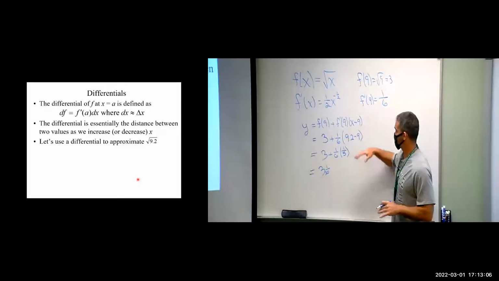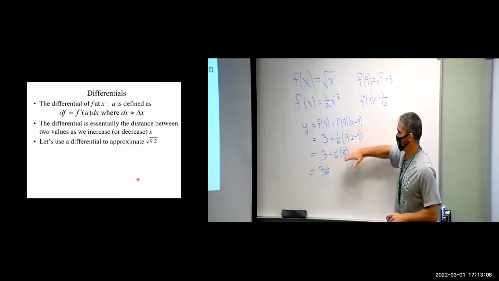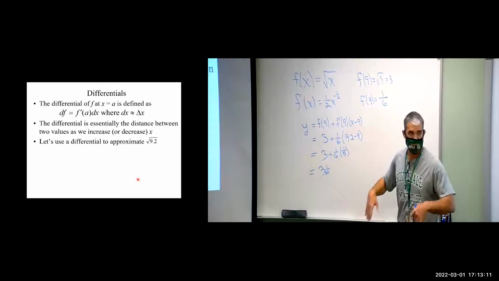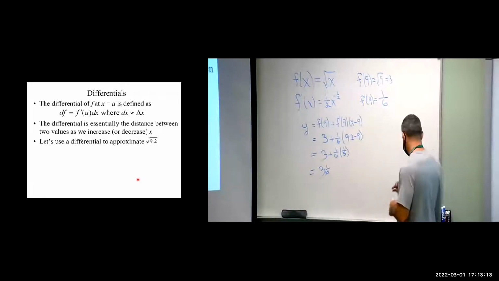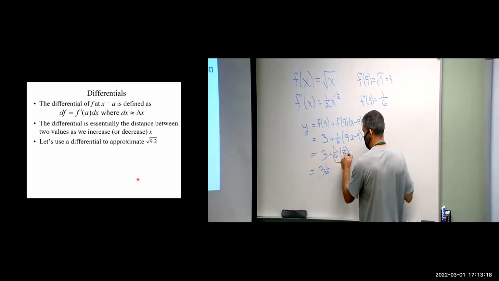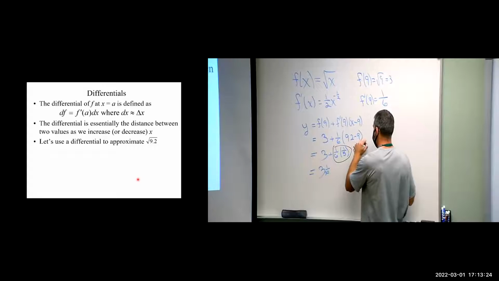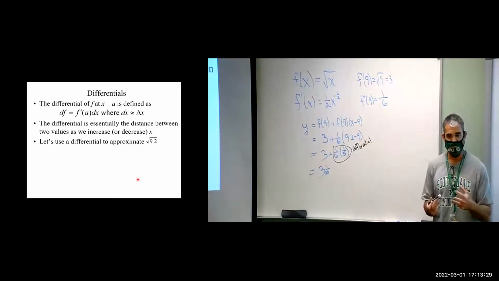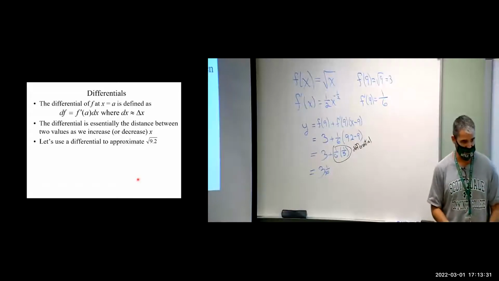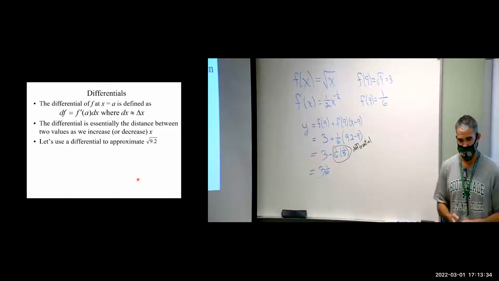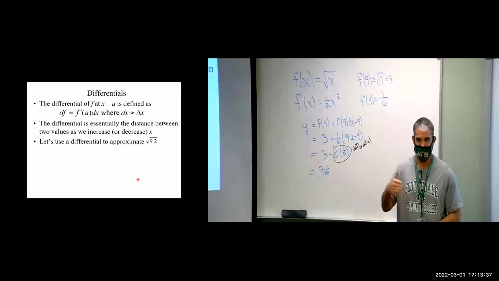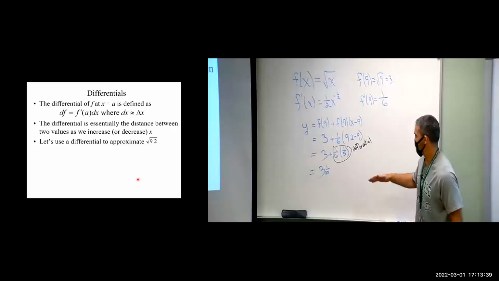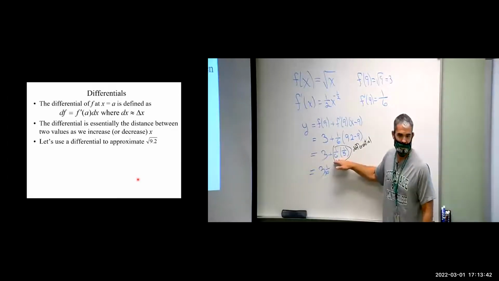Now, this we did with a tangent line. Here's the way a differential works. The differential is specifically this part here. That's the differential. The differential talks about how much we change by. It says, hey, if I increase my input from 9 to 9.2, then I'd expect my output to go up by about 1/30.